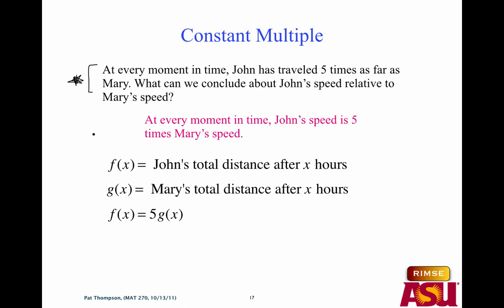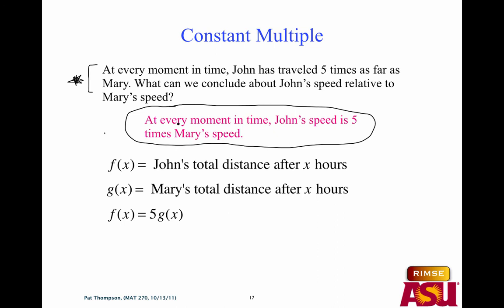Then, by thinking about the relationship between distance, speed, and time that we established early in the semester, we were able to conclude that at every moment in time, John's speed is 5 times that of Mary's speed. Remember, speed is talking about the rate of change of distance.